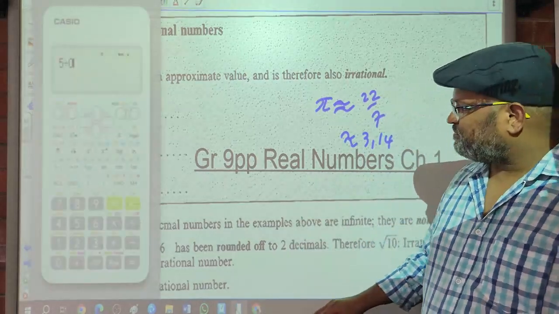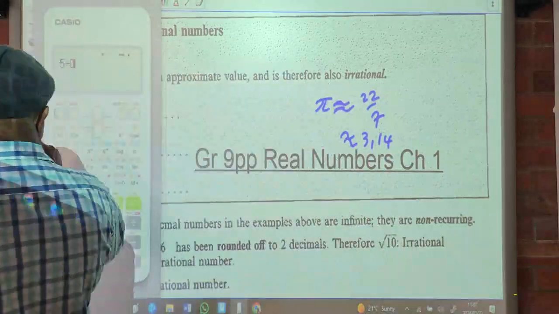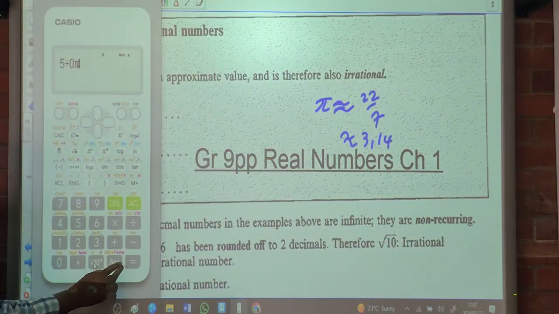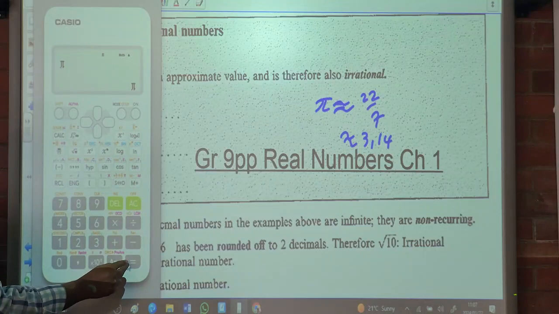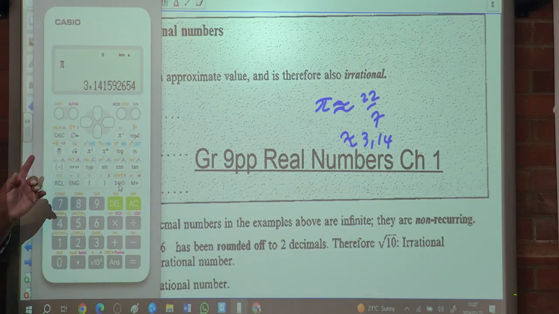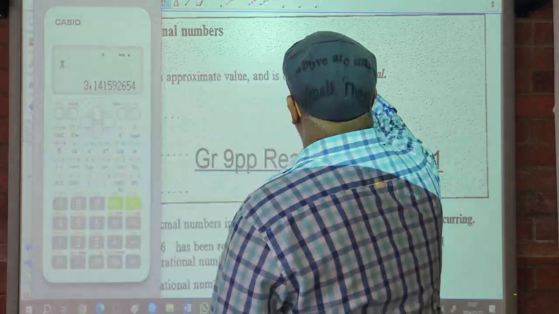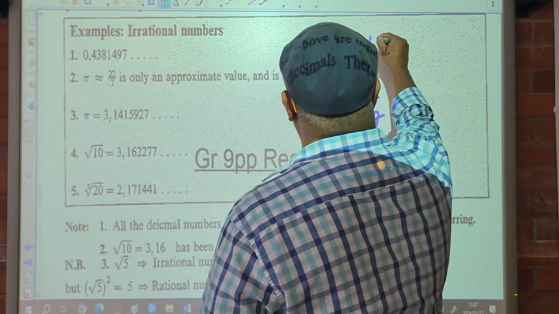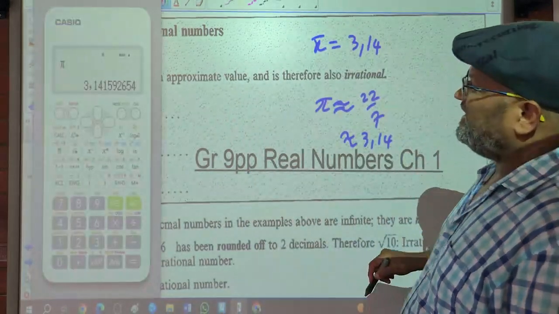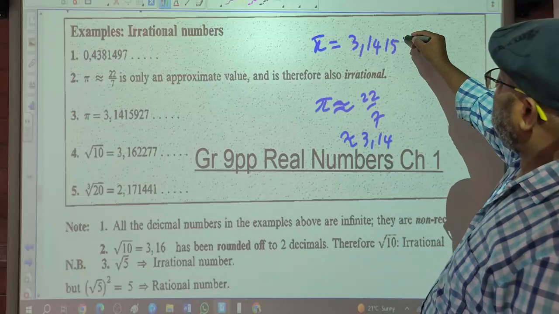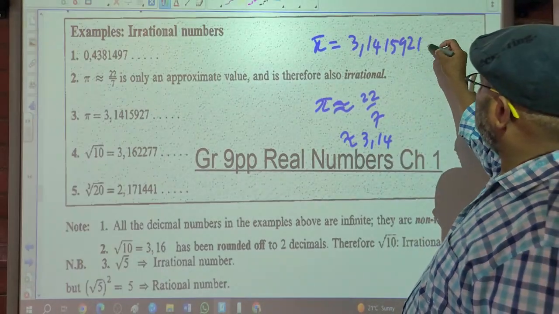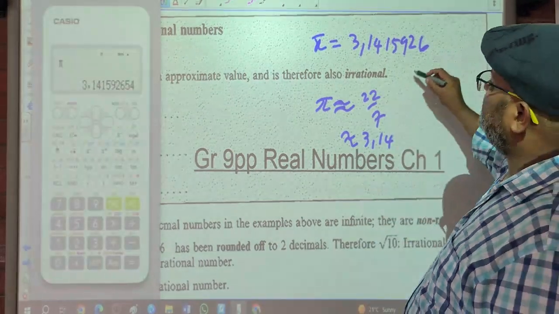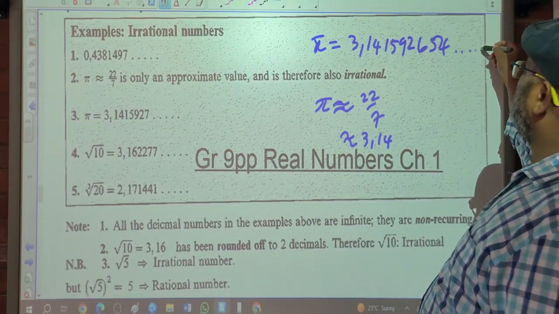Because if you look at pi itself on the calculator, just press shift pi, and press SD, you see pi in its form is 3,14159 2654. And of course this number carries on.